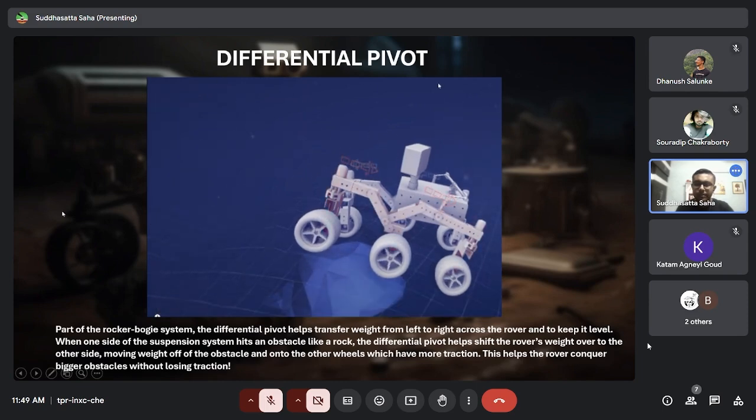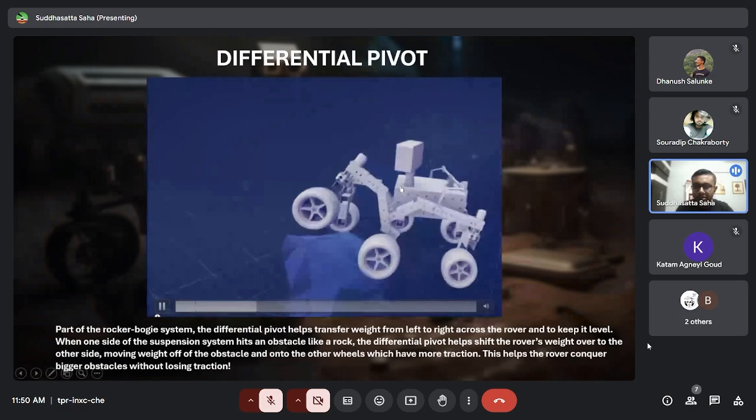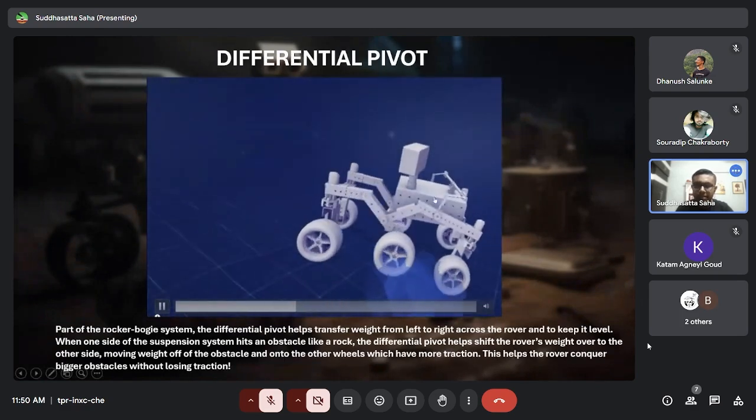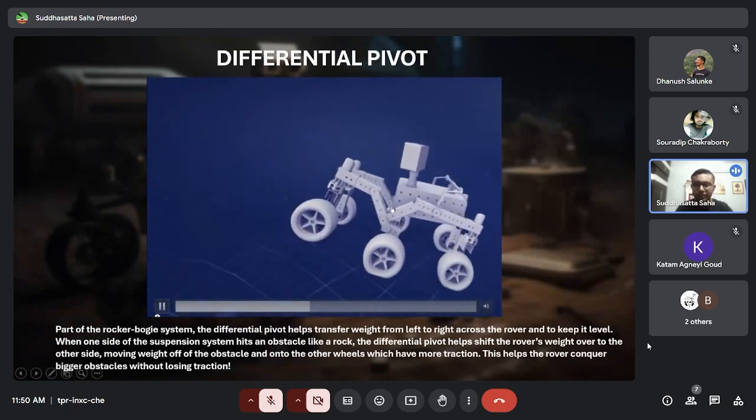You see, the basic function of this differential pivot is that suppose this rover encounters an obstacle in its path. What this does is the differential pivot transfers all the weight which is on this side to the other side, say from left to right or from right to left.